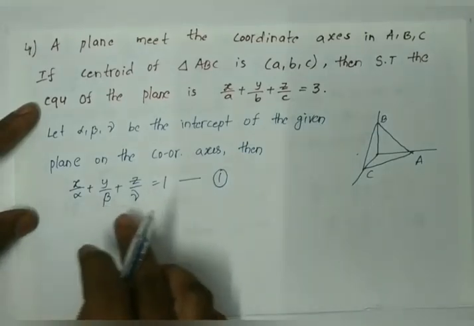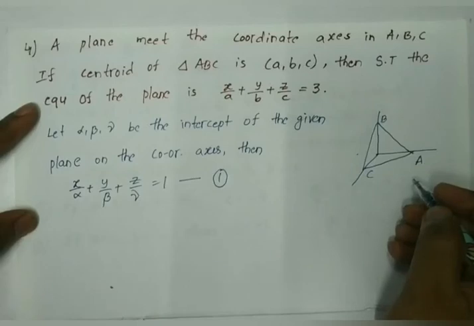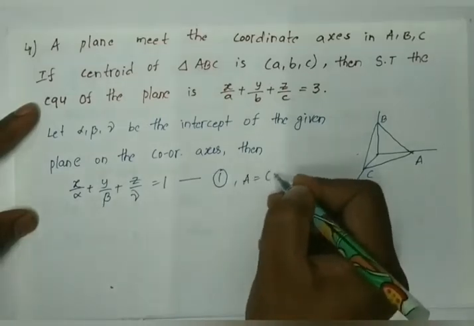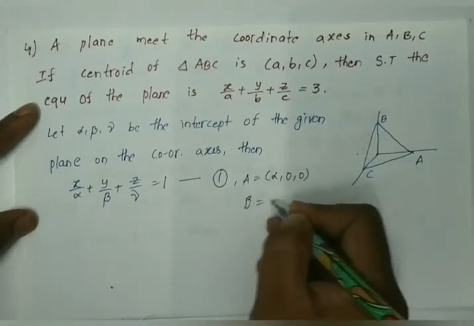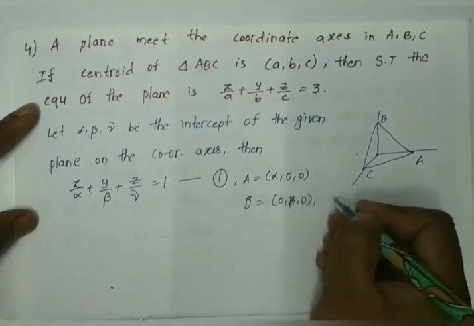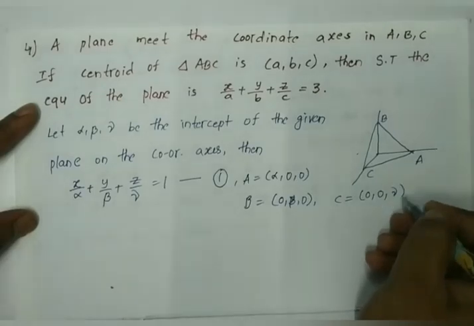Here alpha, beta, gamma are the intercepts of the plane ABC. Then the coordinates of A will be (alpha, 0, 0), the coordinates of B will be (0, beta, 0) and C will be (0, 0, gamma).